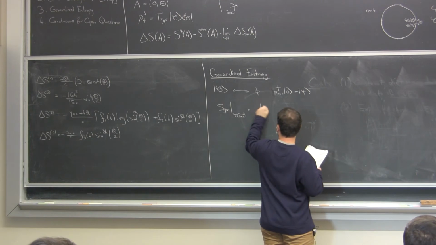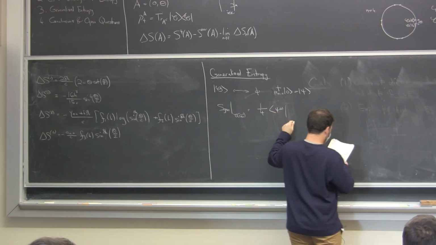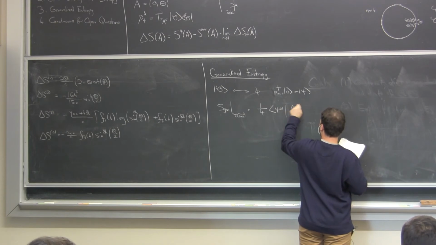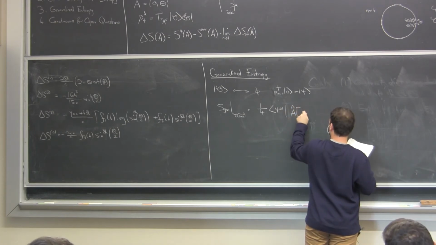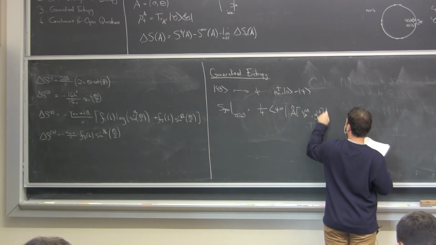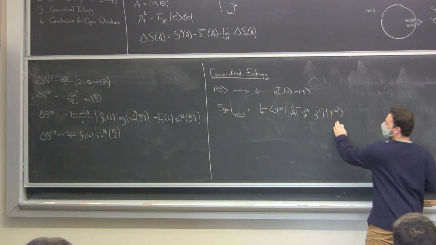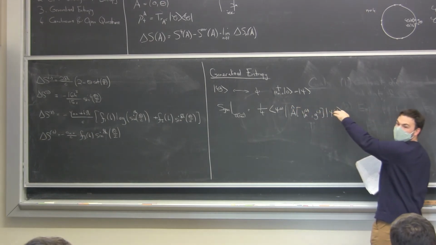Okay, so here we have 1/4 psi, the expectation value of the area operator. Psi naught here means that I've quantized the scalar field on vacuum AdS.